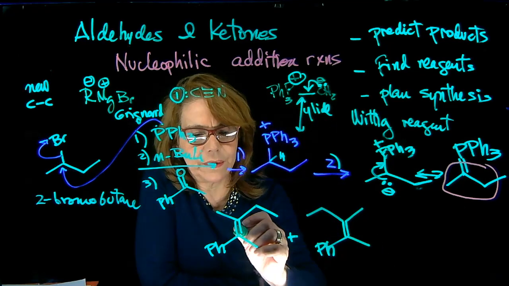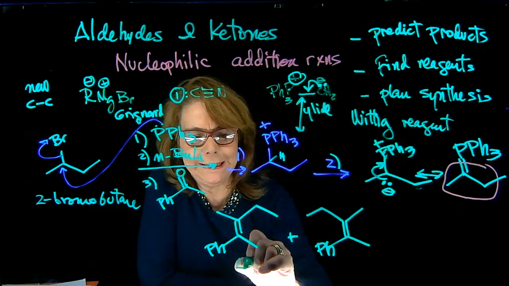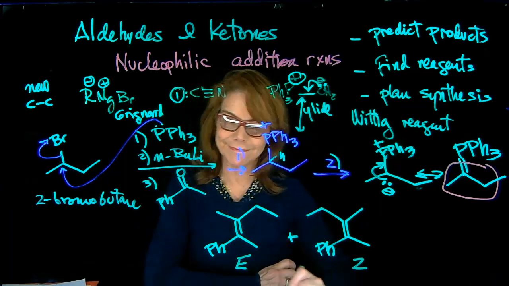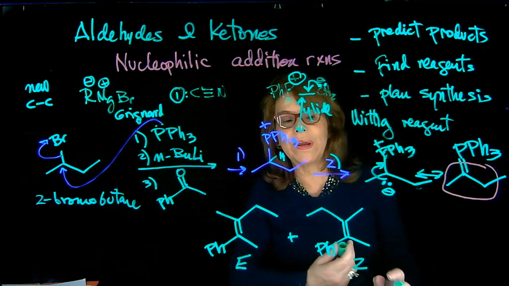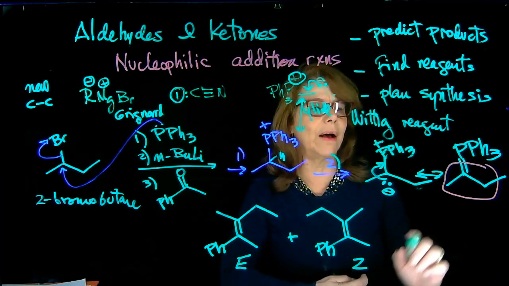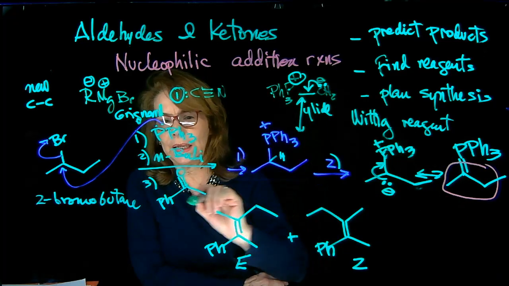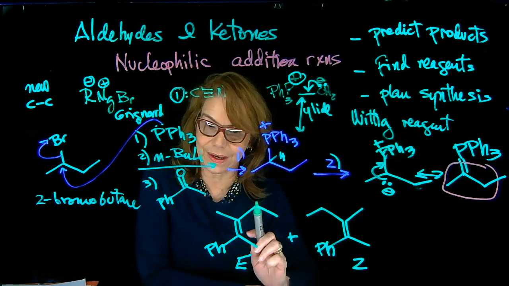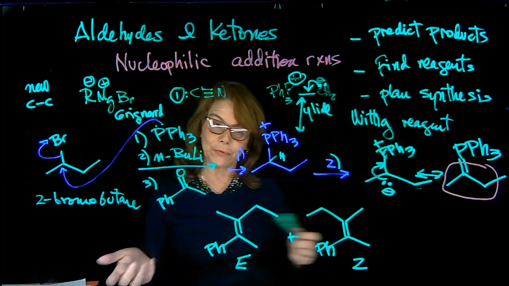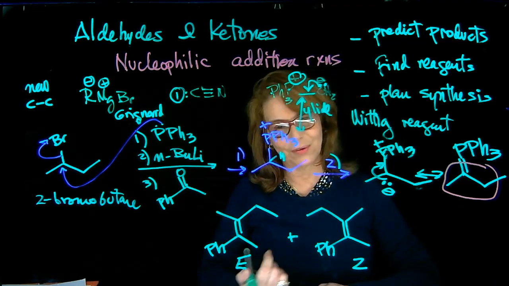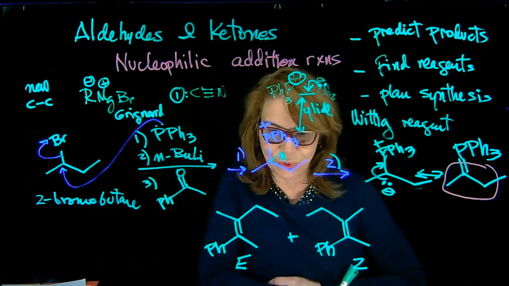So notice here, this is the E, and this is the Z, the isomers. So we have two products. Here we started from an unsymmetrical ketone, so I had two products. It was different than the previous example in which I had a symmetrical ketone. So pay attention to that when you're drawing your products.